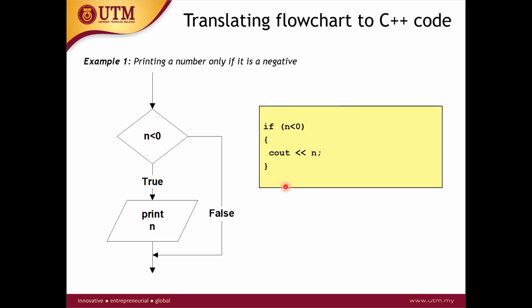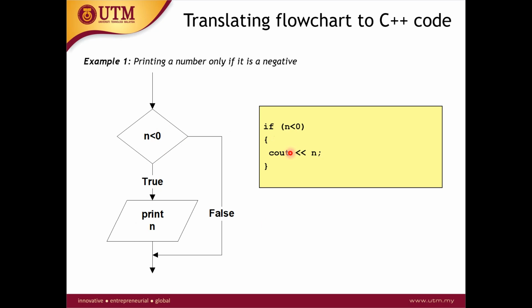And we have this example for printing a number only when the number is negative. We come to the condition. In the condition we say if n is less than 0. If it is true, what happens? Print n. So if it is true, come to the true part, cout n.